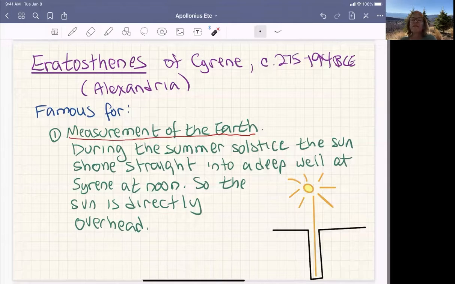So the sun is directly overhead on that day. Because the well is very deep, the only way for the sun to reach all the way to the bottom of that well is if the sun is straight overhead. If it's at a slight angle, the sun won't make it all the way to the bottom.